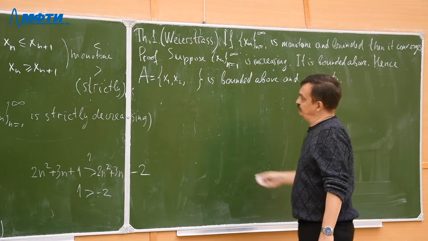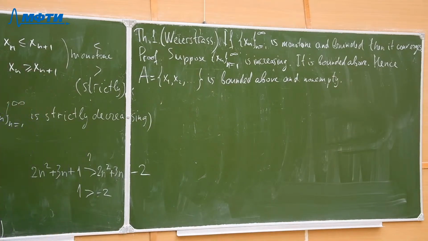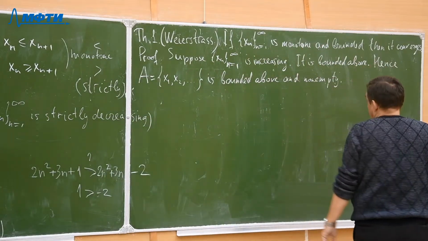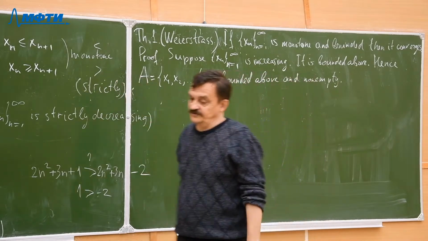Why is it non-empty? Because at least one element we have, x1 at least. It may happen that we have x1, x1, and so on. A constant sequence is also increasing according to the definition.